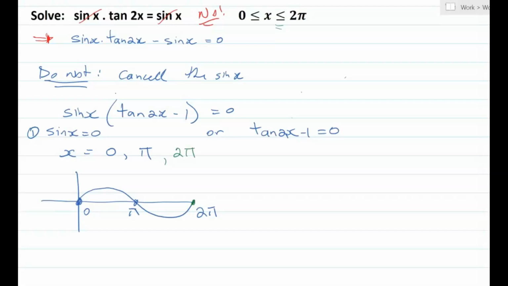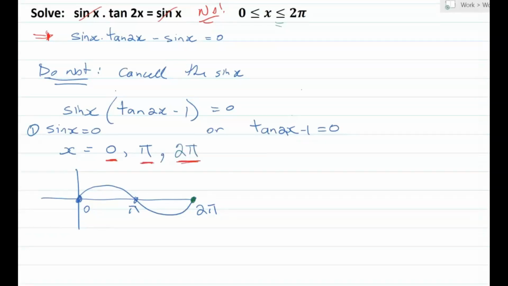Great. Let's look at the tan of 2x minus 1 equation. Now remember, you can replace the 2x with just theta and say, okay, what is theta if tan of theta equals 1?